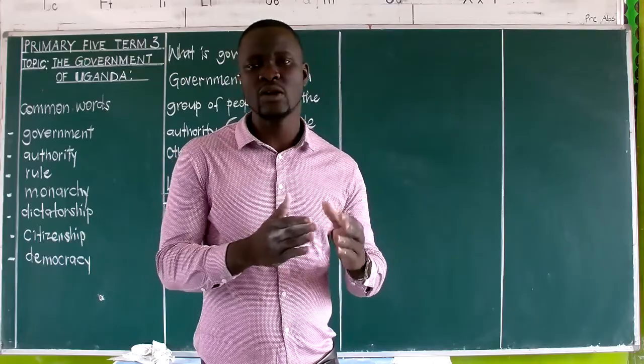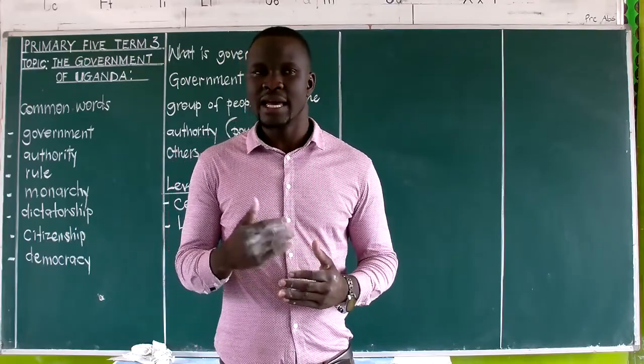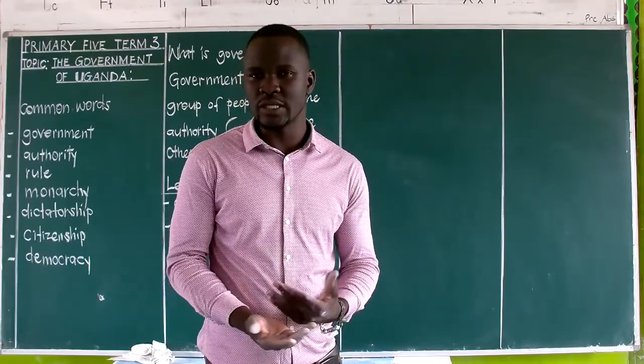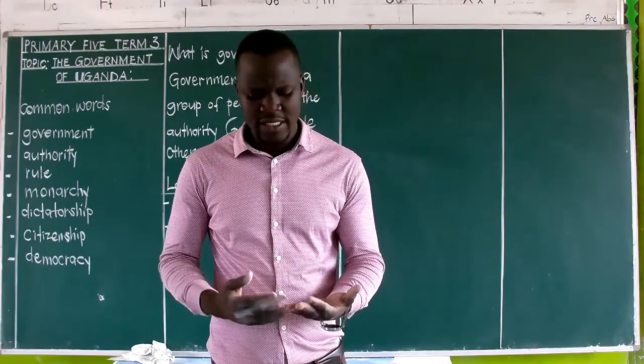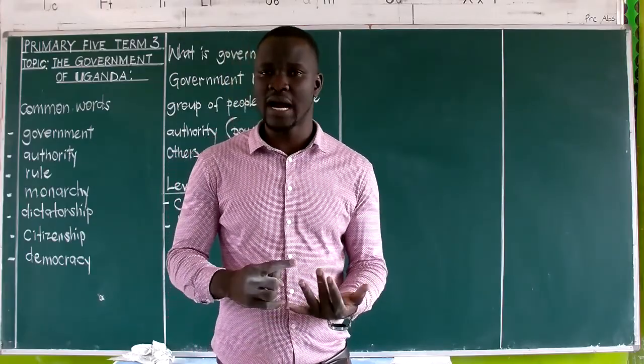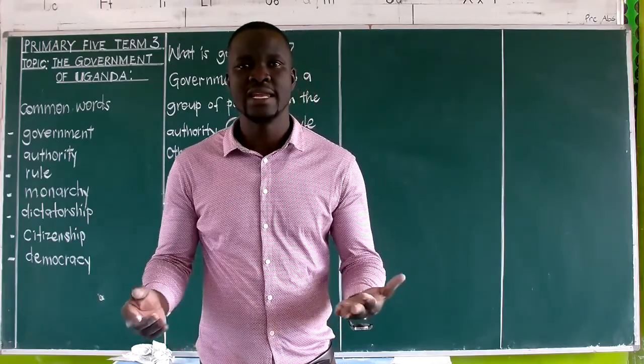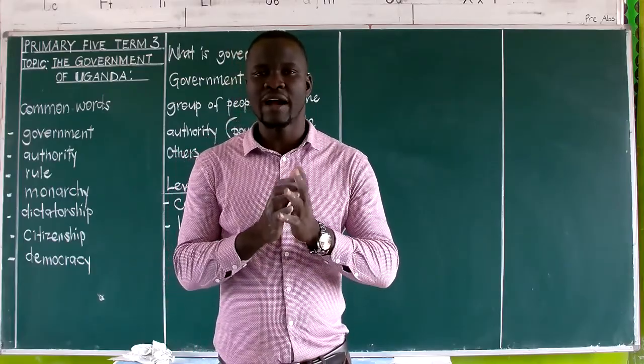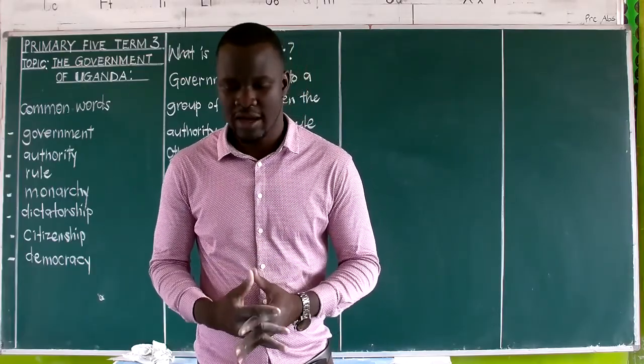But when we look at the local government, like we have said, it begins at the district level, which means every district stands for a local government. And for that case, we shall say we have very many local governments.